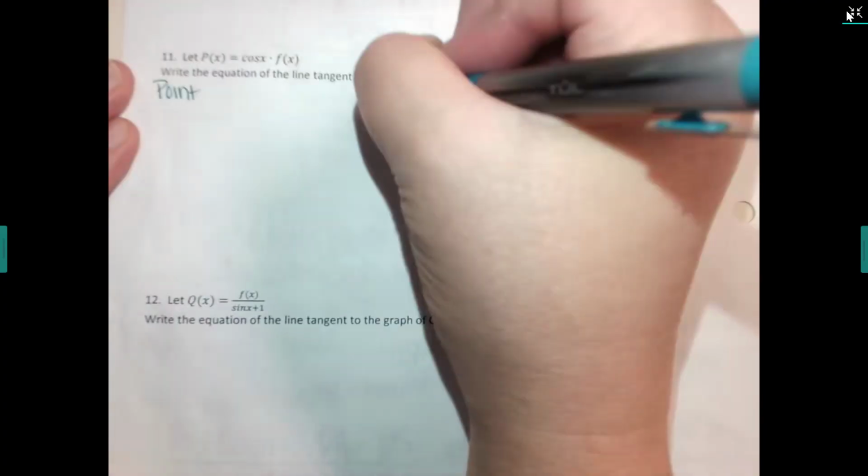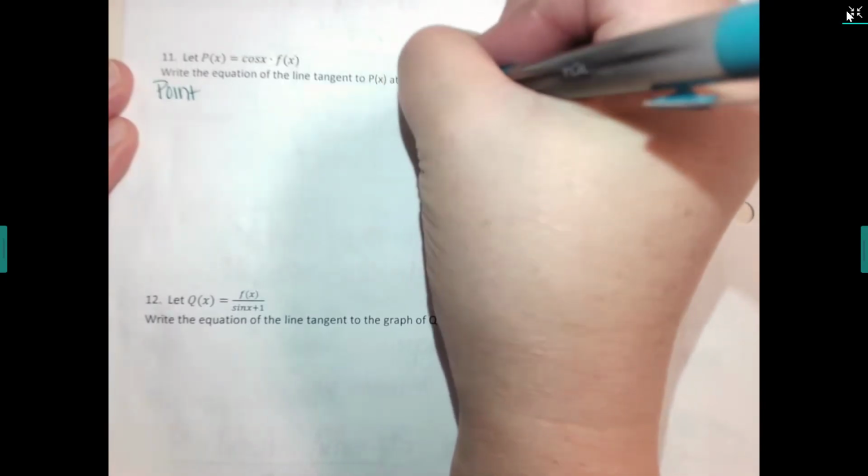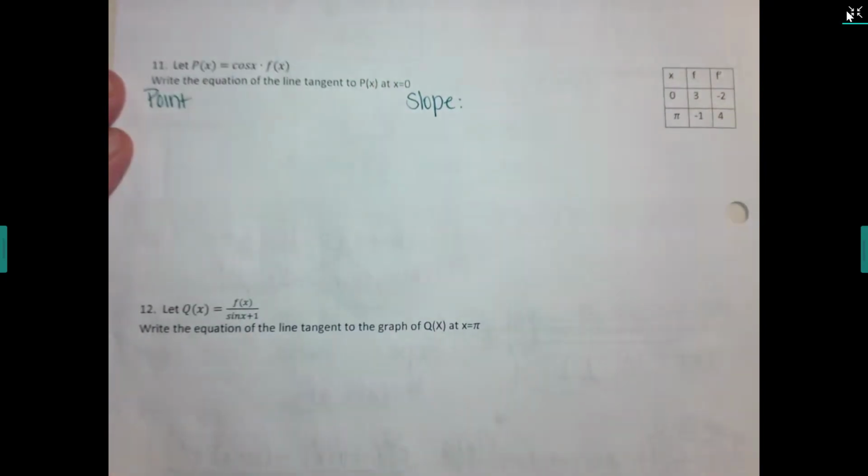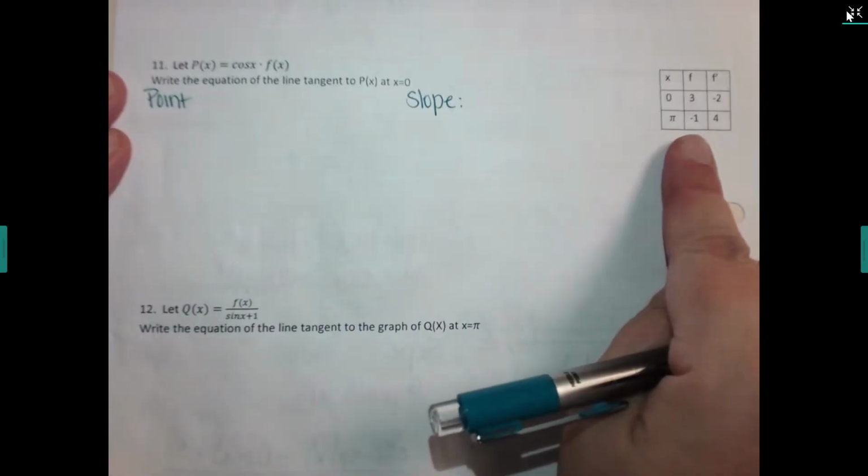Equation of a tangent line, what 2 things do you need? Okay, point and a slope. You'll notice that you have a chart with some stuff about f in it. You have questions just like this on your homework. So when you're doing the point, remember you're going to plug into the original.